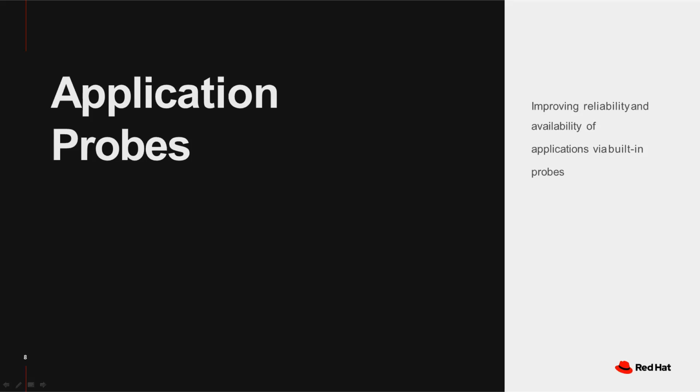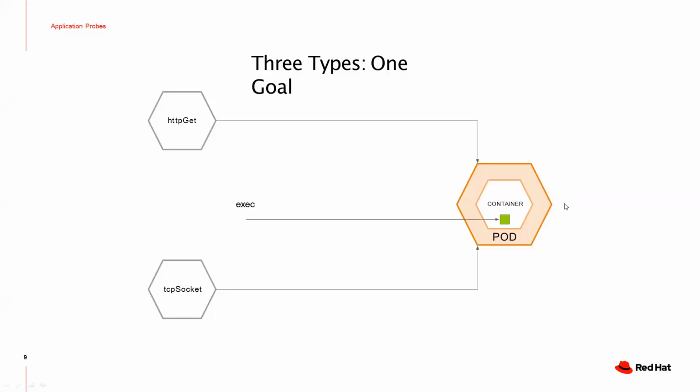OpenShift provides a lot of tools to help automatically keep track of these applications and these pods and automatically fix problems. So what we're going to look at today are a couple of things.